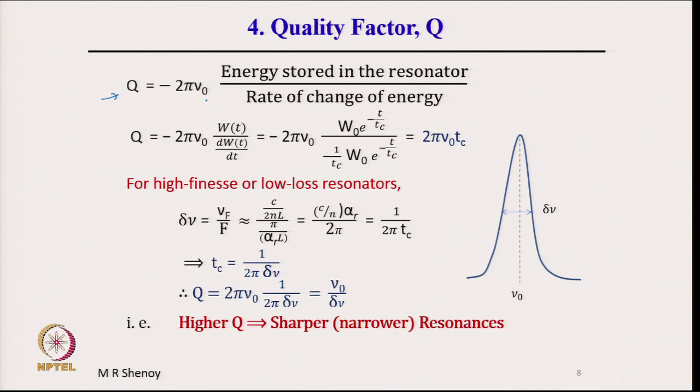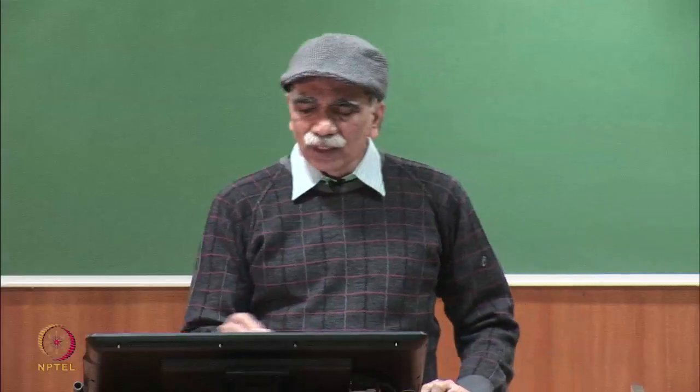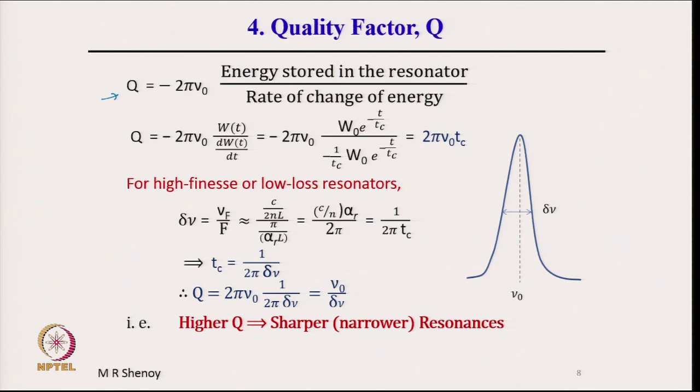We have already got the expression for the resonance frequencies, nu equal to q times nu f. In writing this simplified expression, we have assumed that there is only one longitudinal mode which is oscillating in the resonator.